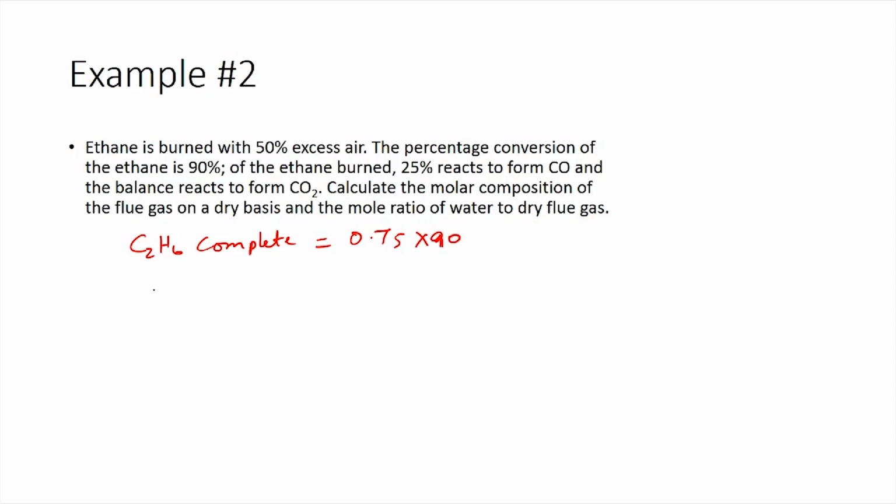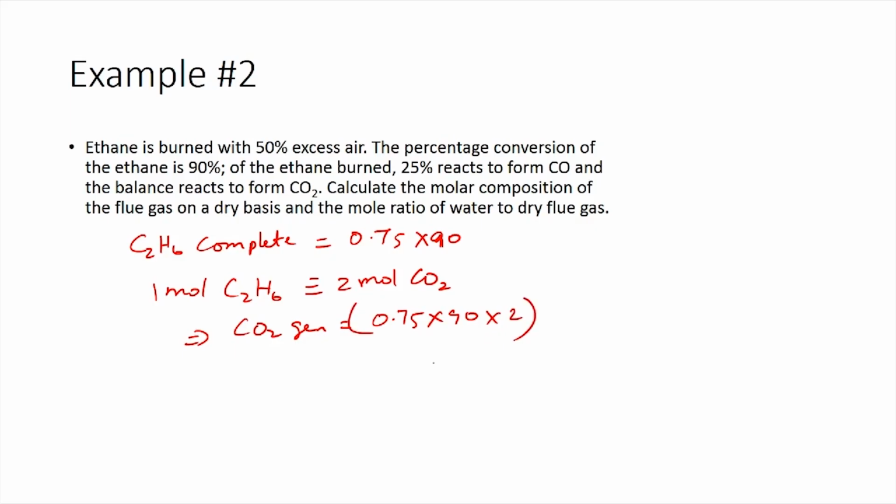Based on the stoichiometry, we know that 1 mole of ethane produces 2 moles of carbon dioxide. So, carbon dioxide generated would be equal to 0.75 times 90 times 2, which would be 135 moles of carbon dioxide.